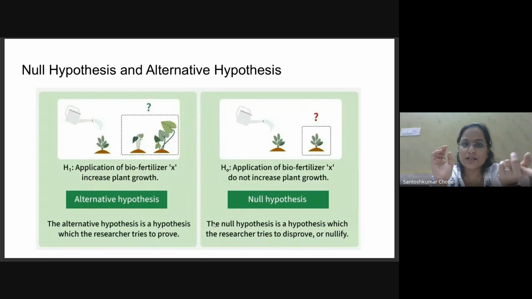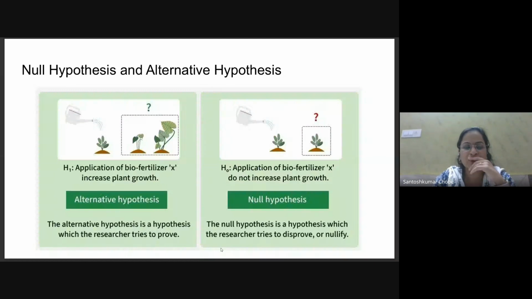Now, there is another concept, which is my alternate hypothesis. The alternate hypothesis is exactly opposite to the null hypothesis. It is a hypothesis which the researcher tries to prove. Now, please look at the screen.